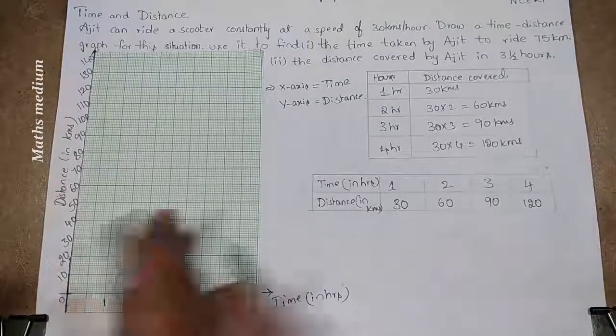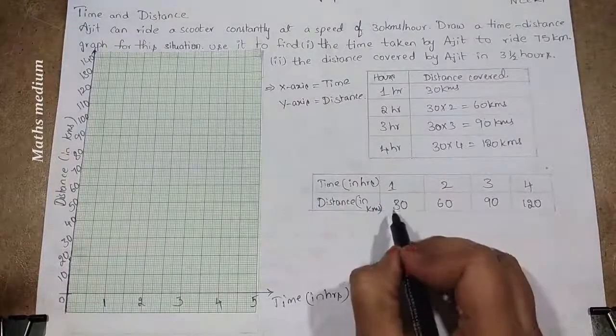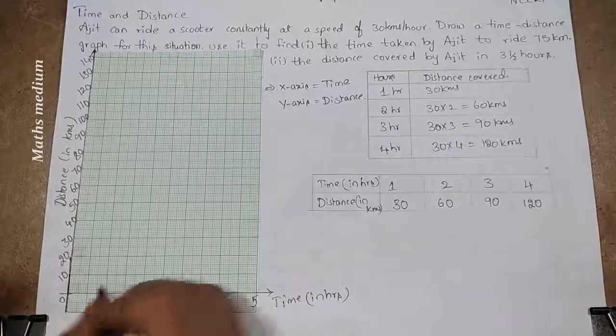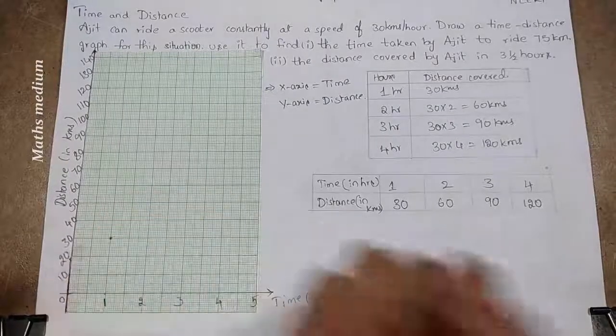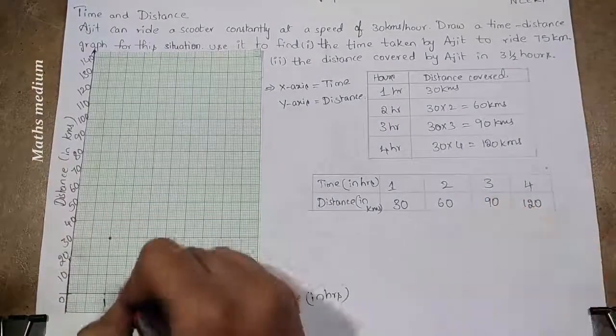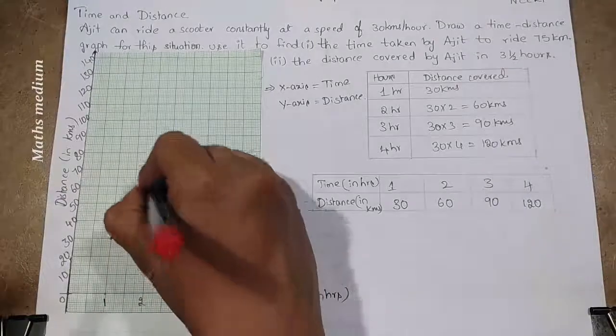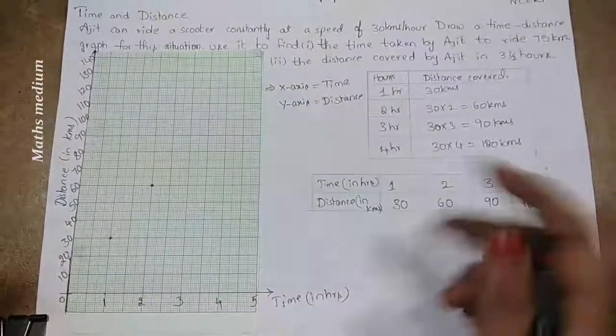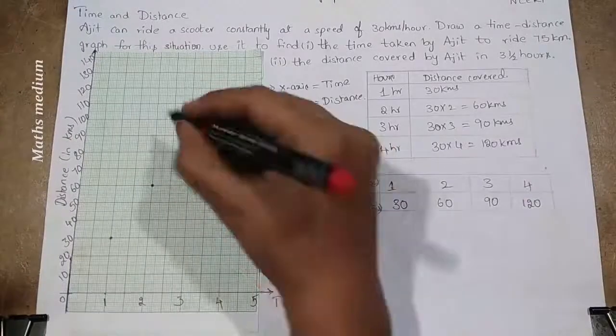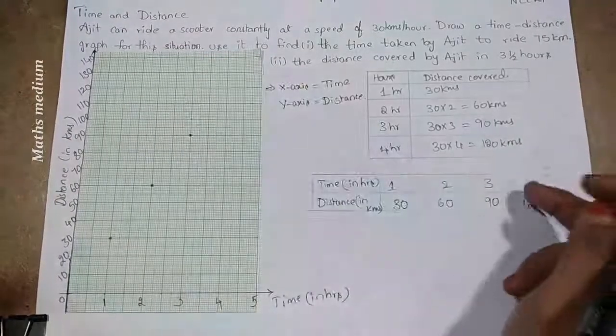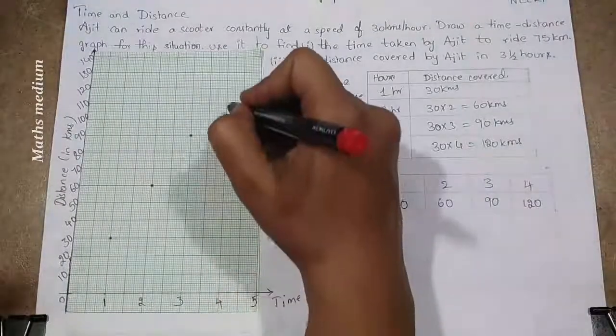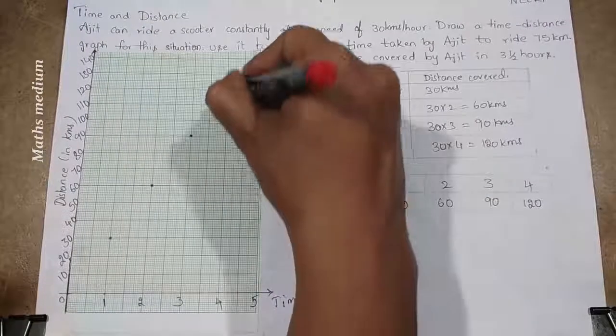So now represent the graph. Take time at 1 hour, 30 kilometers. So this is 1 hour, this is 30 kilometers at the point. 2 hours, 60. So this is 2 hours, this is 60. 3 hours, 90. So this is 3 hours, this is 90. And 4 hours, 120. This is 4 hours and this is 120.